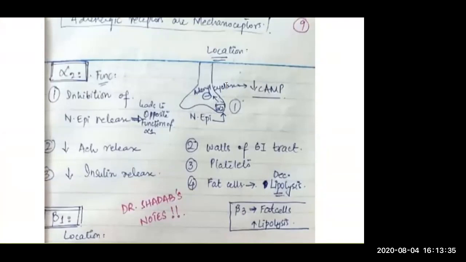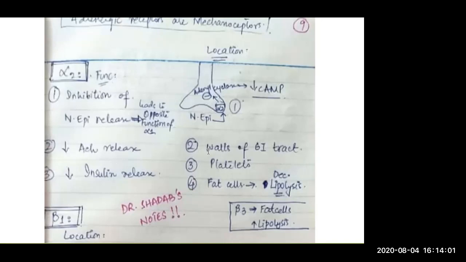How it works, all that mechanism of adenylyl cyclase and cyclic AMP, just hold on to this concept and we will go back once we finish these receptor functions. For now, you only need to understand how the location of this works in inhibition of norepi release.